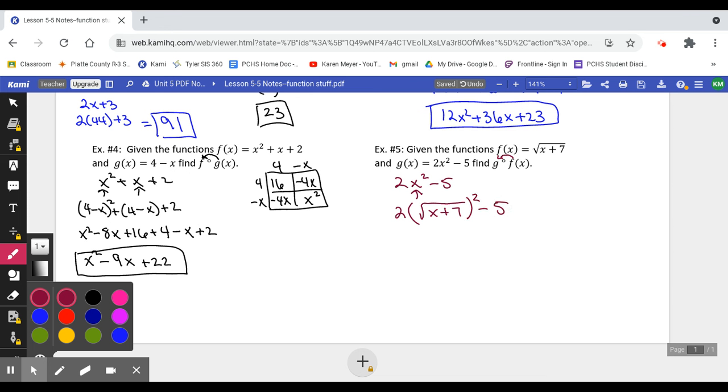Here's the good news with this one: we don't have to box this out, because if the square root goes over the entire thing and you square it, in our previous lesson, 5-4, we learned that they cancel each other out. So you're just looking at 2 times x plus 7 minus 5. Distribute, and you get 2x plus 14 minus 5, which gives me 2x plus 9. And we are finished.